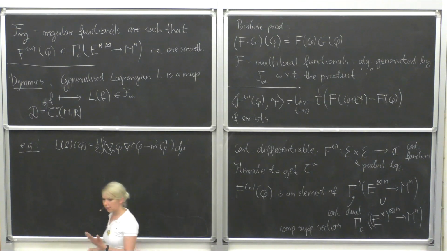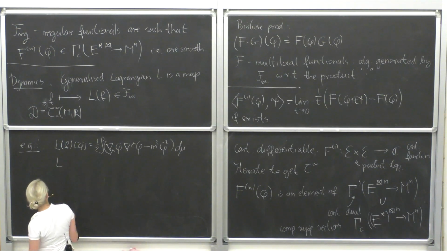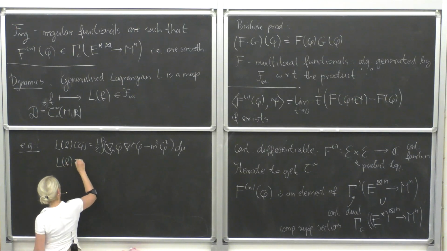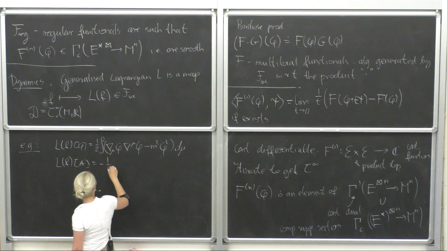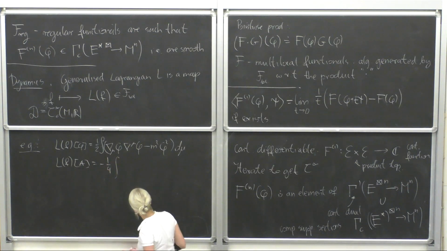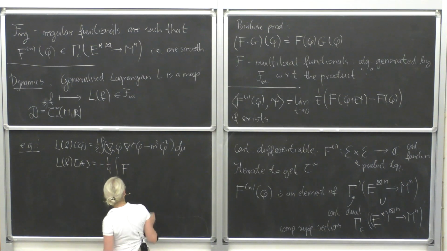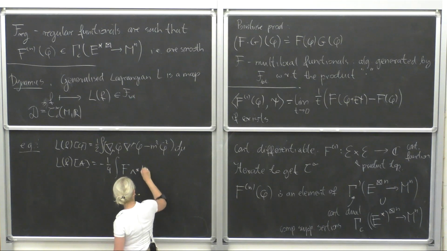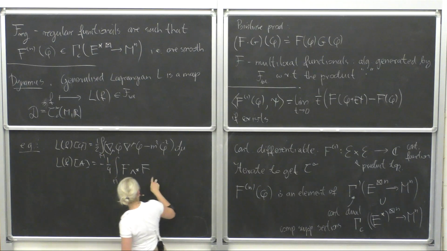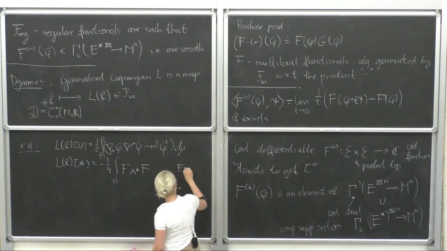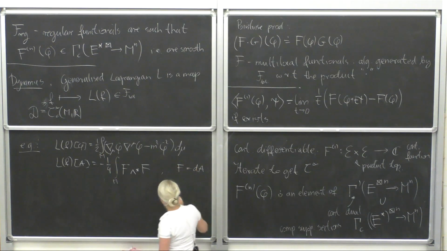Okay, and let's say Yang-Mills, so F wedge star F, where F is dA.